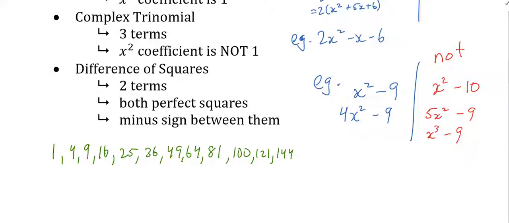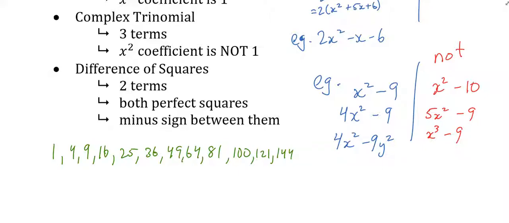Here's another example of something that is a difference of squares. So I've got a variable part on each, but it's x squared and y squared. So that's all good. If I had 4x squared minus 9y, no, because everything in there is a perfect square except the y.